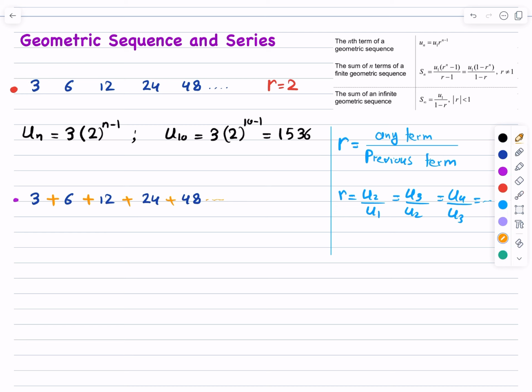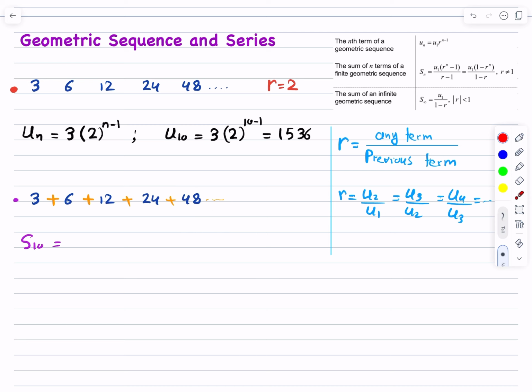So here, let's find S10, which means the sum of the first 10 terms of this sequence. Here, n will be 10. We are adding the first 10 terms of this geometric sequence.